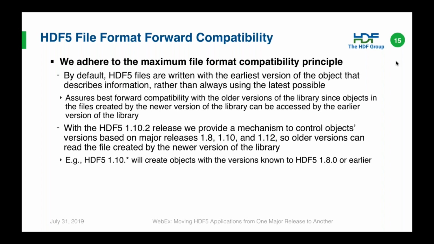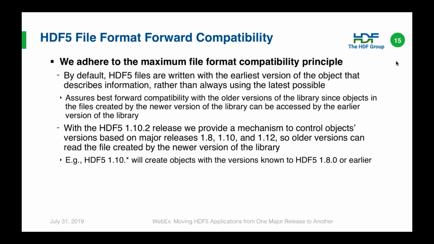As an example, in 1.8, we introduced better, more compact storage for groups. But if you use your application with 1.8 and don't specify that you want to use the latest feature, the library will create files that still will be readable by the earliest, like 1.2, 1.4, 1.6 versions of the library. So this principle assures the best forward compatibility for older versions.